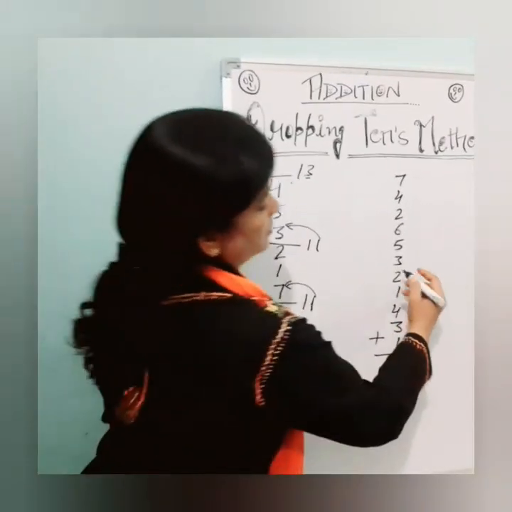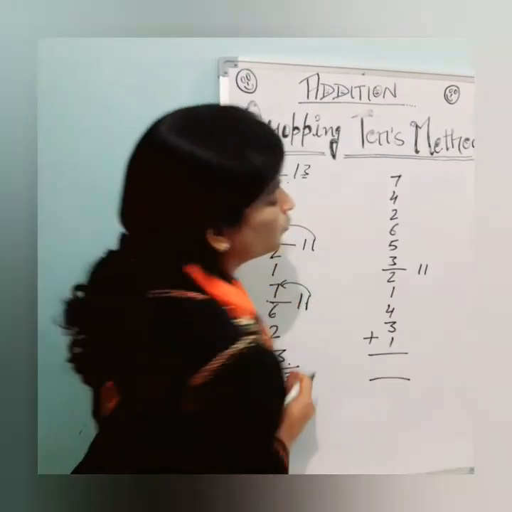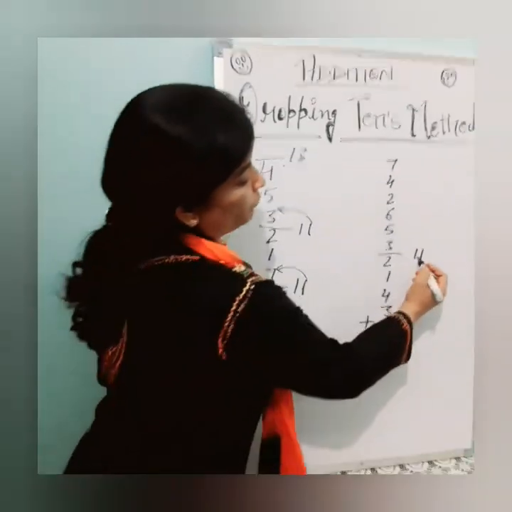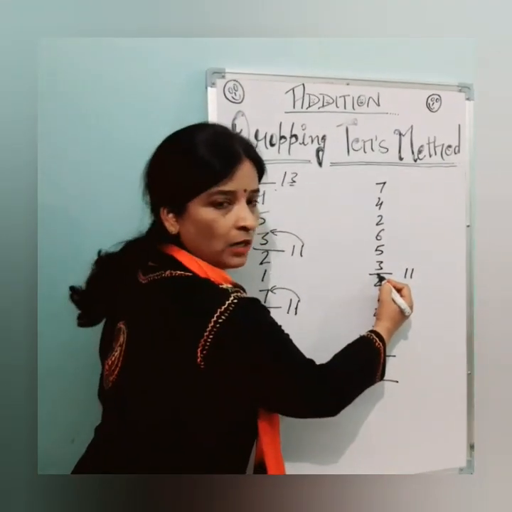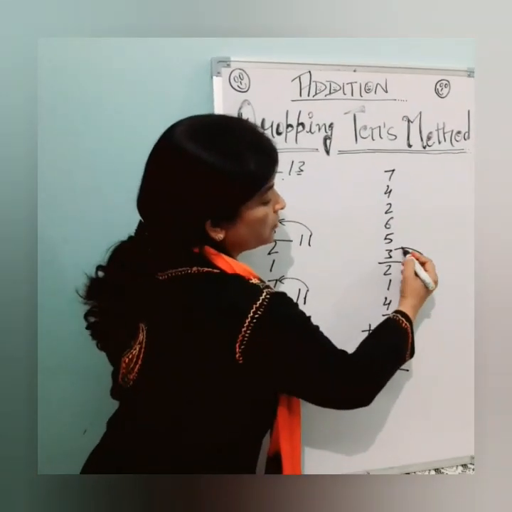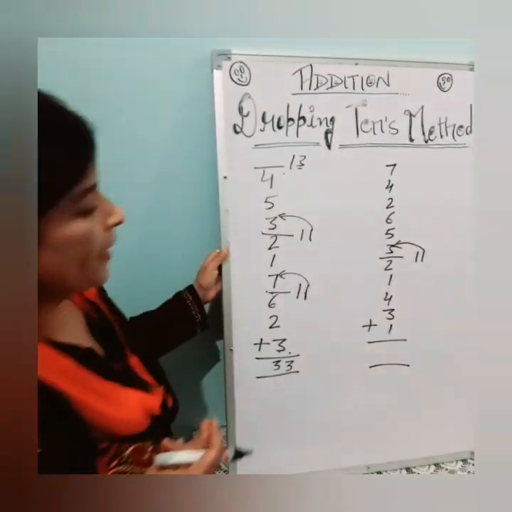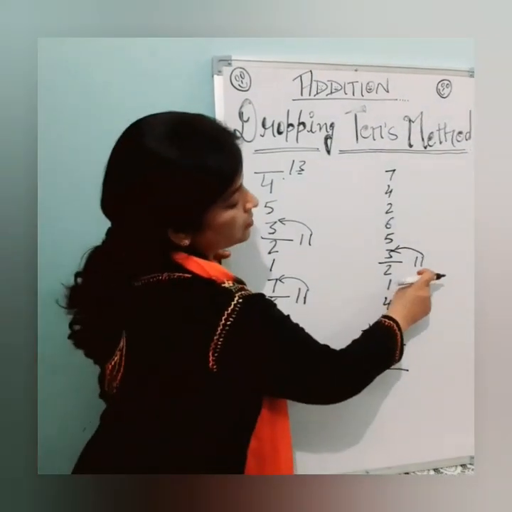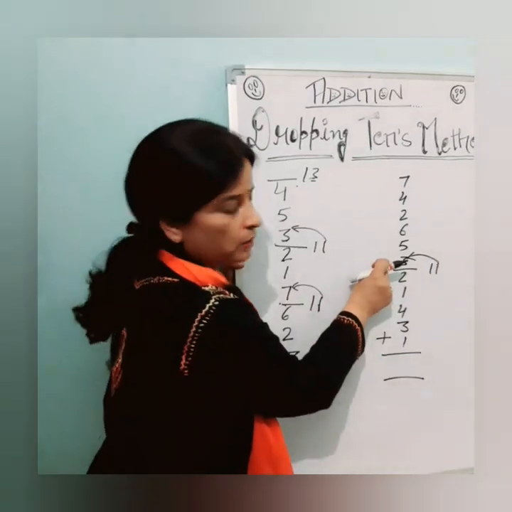Our sum is 11, more than 10. So we drop 10 here as a bar or line, and the remaining ones we carry to the next number.